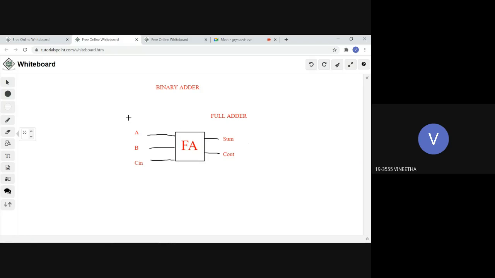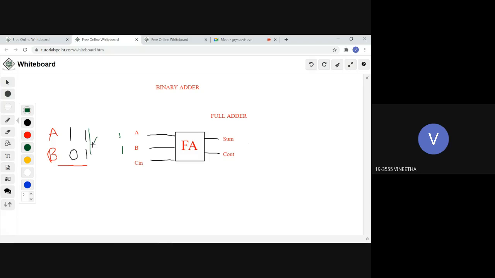Now let's see what a full adder is. A full adder is an adder of 3 inputs and it gives out 2 outputs. Let's see this with the help of an example like 1, 1 and 0, 1. I'll consider 1, 1 as A and 0, 1 as B. Initially my A is 1 and my B is also 1.